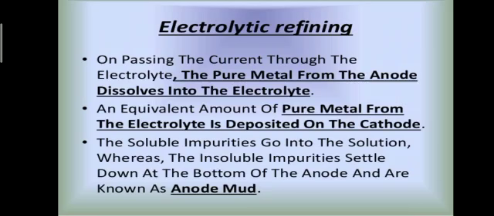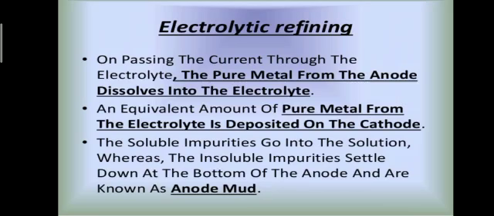The third one is the electrolyte: copper sulfate, that is CuSO4, and dilute sulfuric acid, H2SO4, solution is used. The electrolyte for electro-refining that we have used is copper sulfate and sulfuric acid.